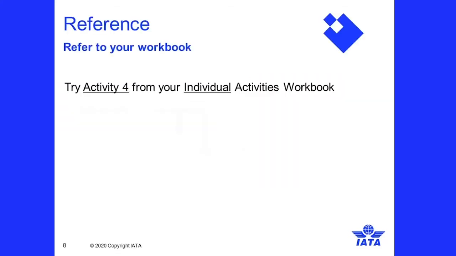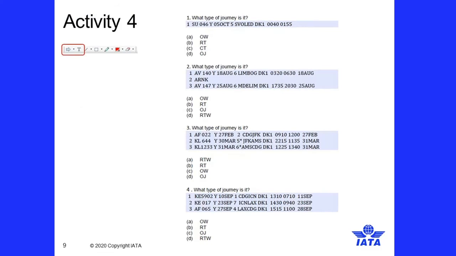Now, can you just quickly open activity 4 from the individual activity workbook? It's a very simple one. So find your files, individual activity workbook. We will try activity 4, which looks like this. We'll just need you to point me to the correct answers, nothing else.